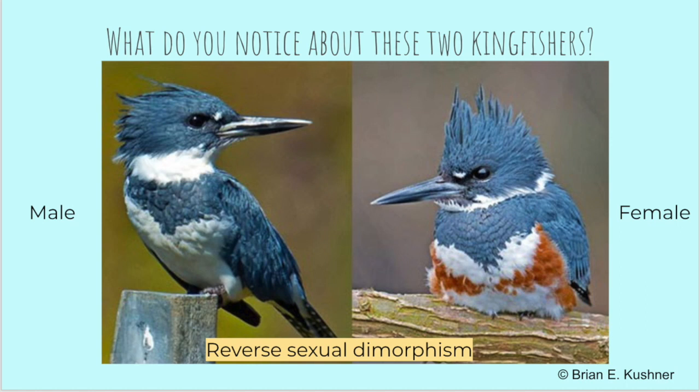As for the answer, quote unquote answer, I don't actually have an answer for you as to why the female belted kingfisher has that belt. Yeah, I know. Scientists have still not figured out exactly why the females have this. There's a couple hypotheses, but nothing is really concrete yet.